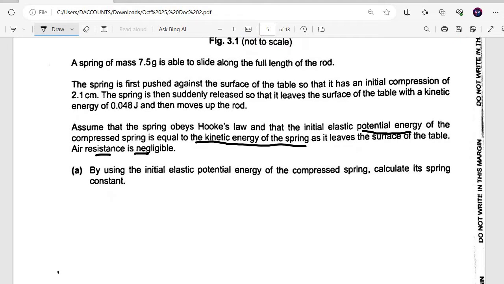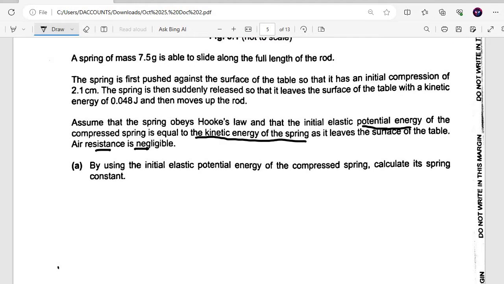By using the initial elastic energy of the compressed spring, calculate the spring constant. Since the elastic potential energy is equal to kinetic energy, what's the formula for elastic potential energy? Half kx squared. And the kinetic energy of the spring is 0.048.